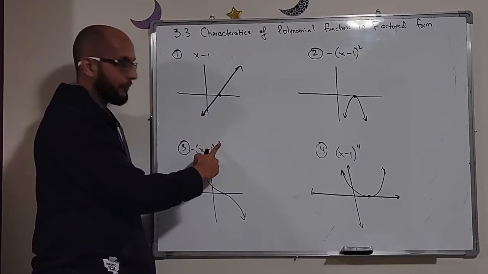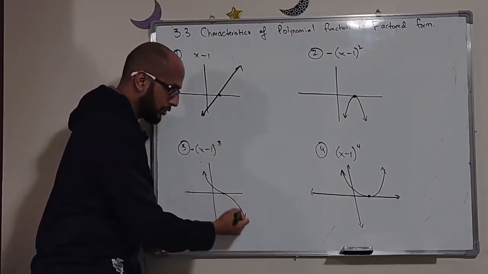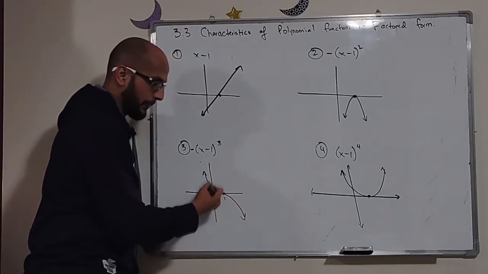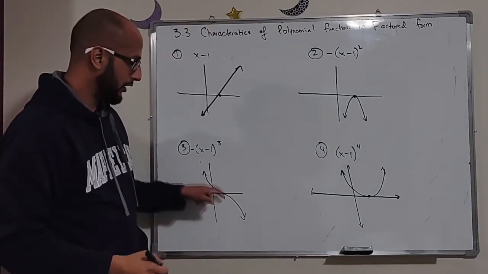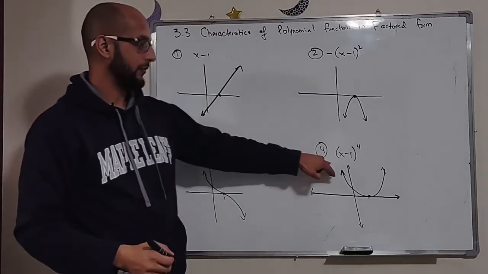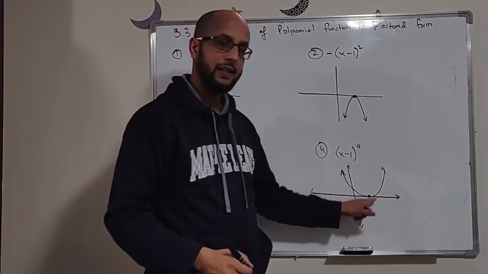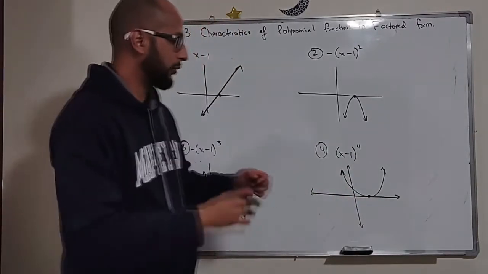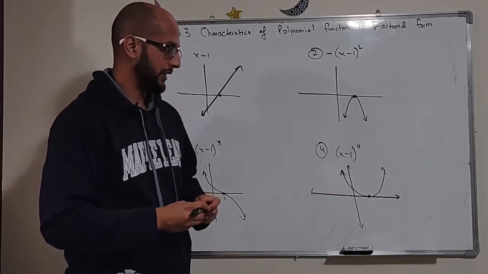X minus 1 to the power of 3 is a cubic function. So when it passes through my x-intercept, it passes through in a cubic form. It's not a straight line, it has the curve in here. Number 4, to the power of 4, is again passing through that 1 with a wider parabola, so it's a quartic function in that sense.